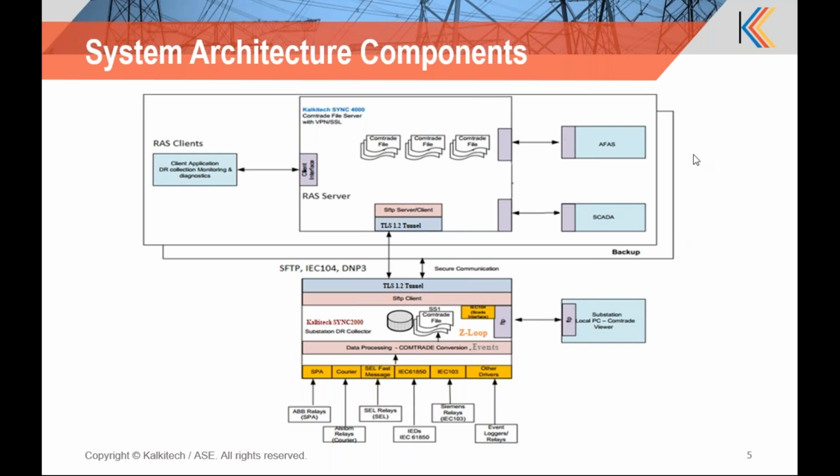In the SYNC2000 itself, the loop impedance algorithm is available. Using this algorithm, we calculate from the COMTRADE file what the impedance value to the fault is, and depending upon the impedance value, we put it in a file also containing full details.